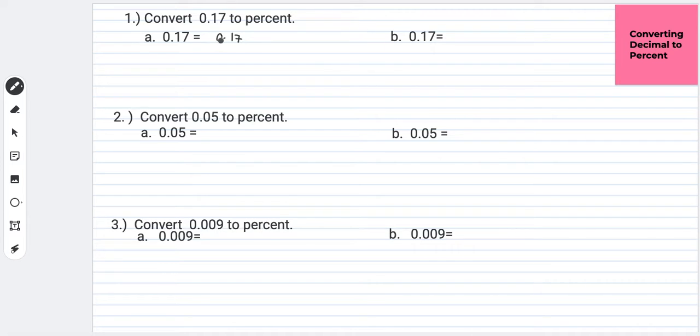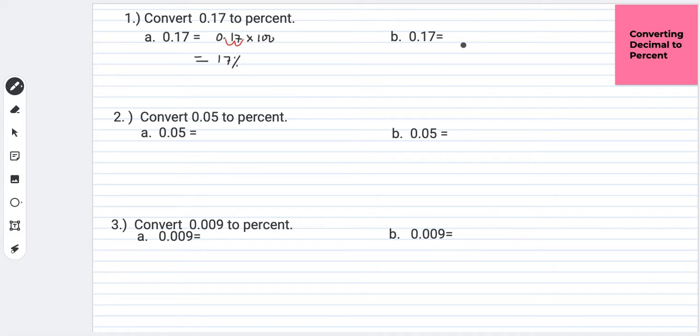So we have 0.17, multiply it by 100, and in multiplying numbers by 100, this is what we are going to do. We just move the decimal point from the left side going to the right side. So the answer now is 17, and next the percent sign.